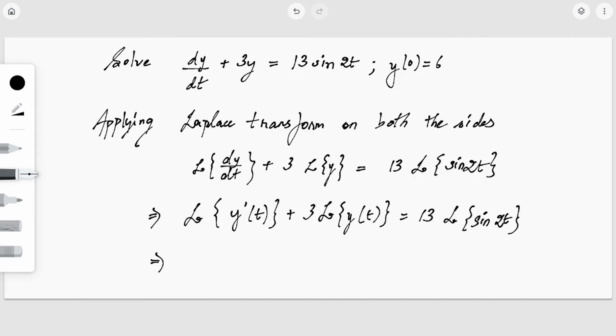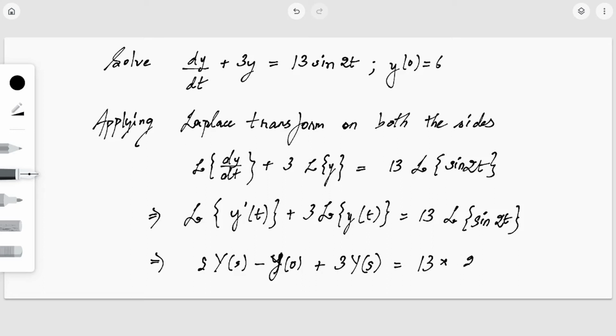So what is the Laplace transform of the derivative? Just now we have seen it is nothing but s into, instead of F of s we have Y of s, minus small y of 0, plus we have 3 into, this is again Y of s, is equal to 13 into, what is the Laplace transform of sine 2t?